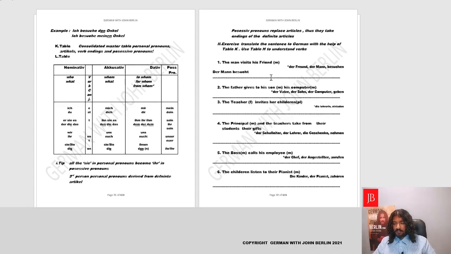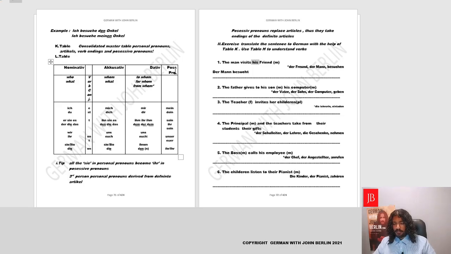Now we know that the basic idea is that the possessive pronouns replace the articles. So basically, if I would have said the man visits the friend, it would be the man visits, der Mann besucht, whom, and friend is masculine, so I would have said den Freund, but I will not say den. I need a possessive pronoun here, which is his.